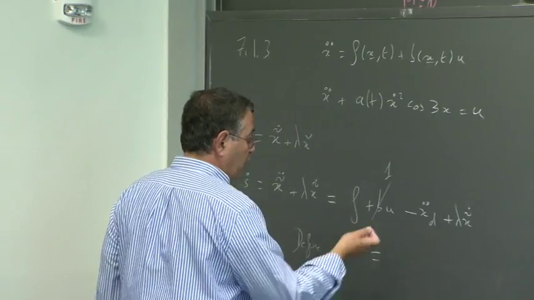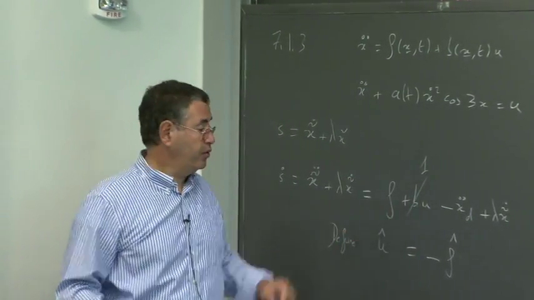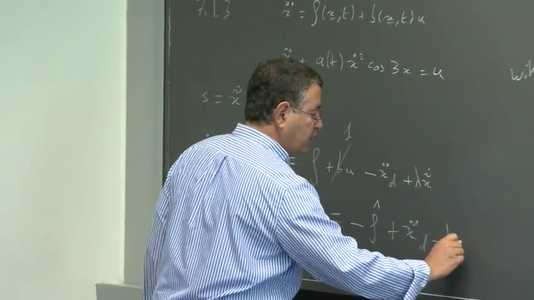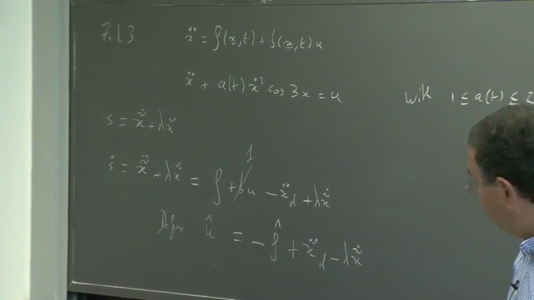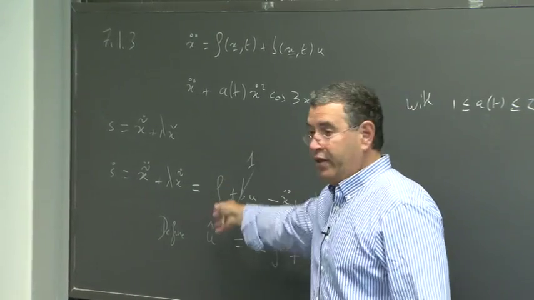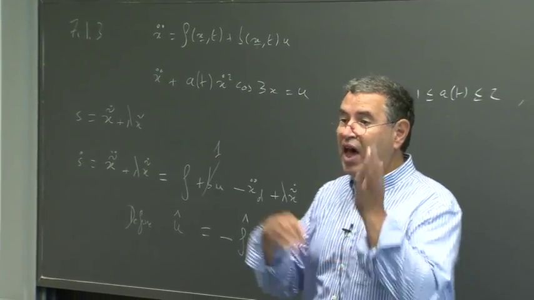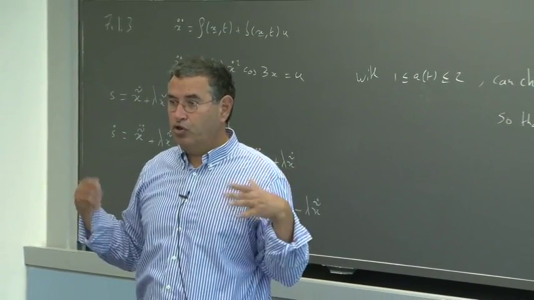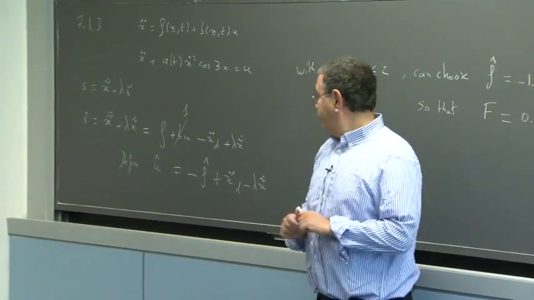So what is that? Well, of course, it's simply minus F hat, our best guess of the dynamics, plus x double dot d minus lambda x tilde dot. It's simply the value of the control law that makes this whole right-hand side equal 0 if F hat happens to be exactly equal to F. Right? If we know the dynamics exactly. It's just notation. So everybody understands this?